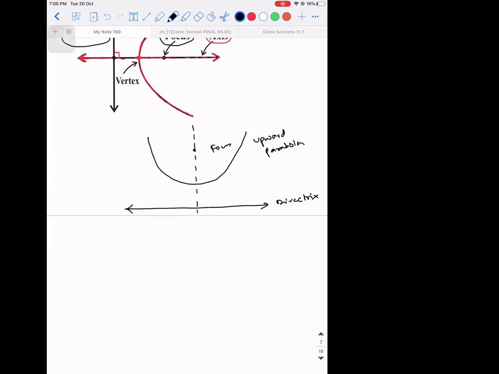It should also be perpendicular to the directrix. Then this will become the axis. Now when the axis cuts the curve at a particular point, this point is called the vertex.